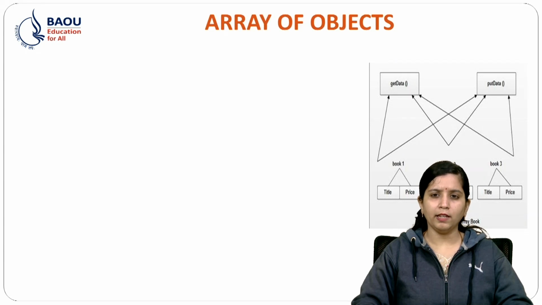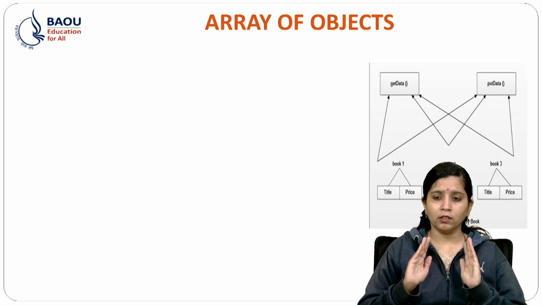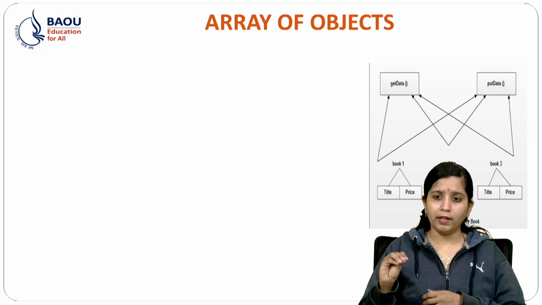So now let's see array of objects. As you know how an array works in C++, an array is a sequential data type which we used in our previous lectures.